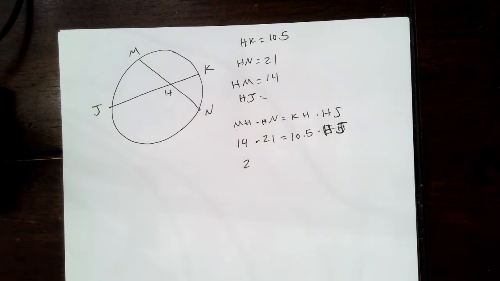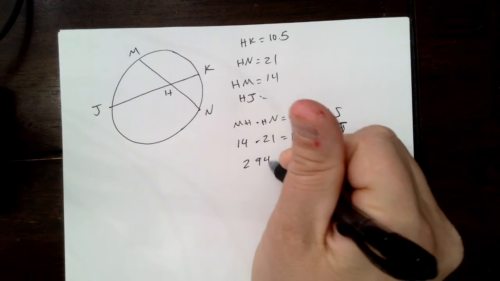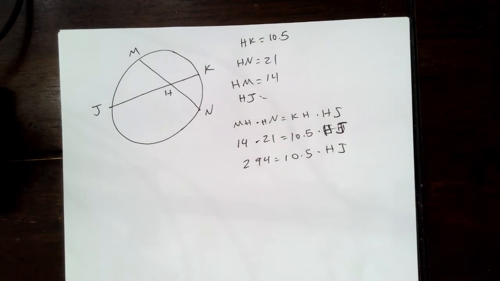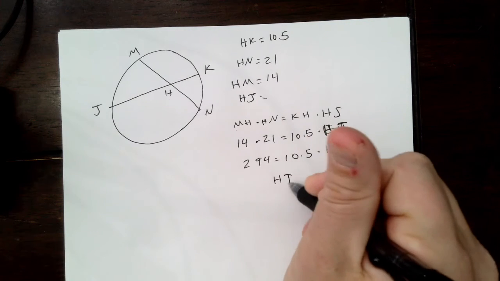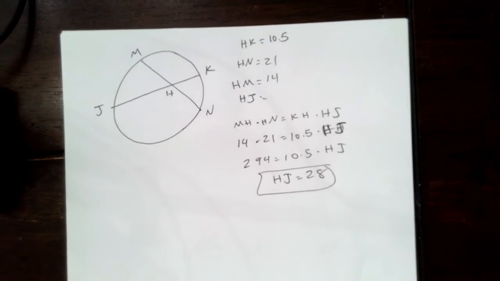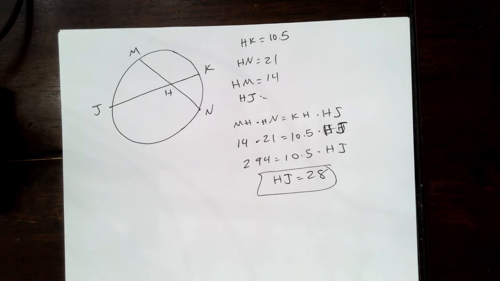That doesn't make any sense. 14 times 21. 294 equals 10.5 times HJ. Divide both sides by 10.5. HJ is 28. So we know the part that they wanted, which I believe was HJ, is 28 there.